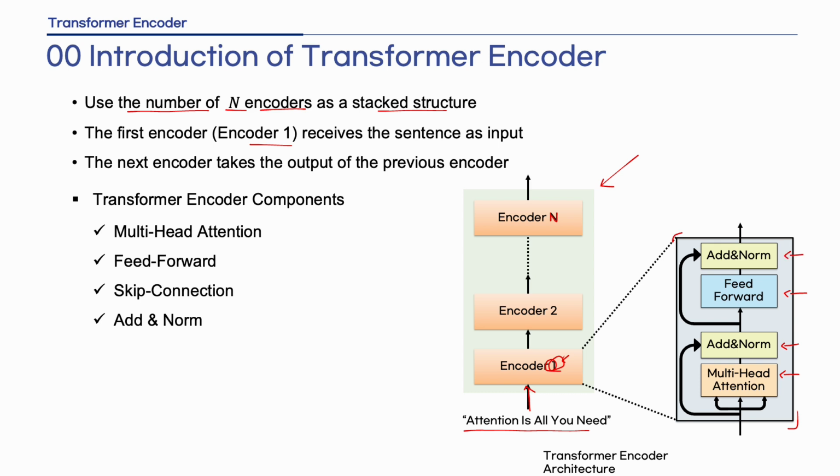So it means that there are four different sublayers in just one encoder. Okay, then the next step is that we need to study the meaning of multi-head attention, this part first.